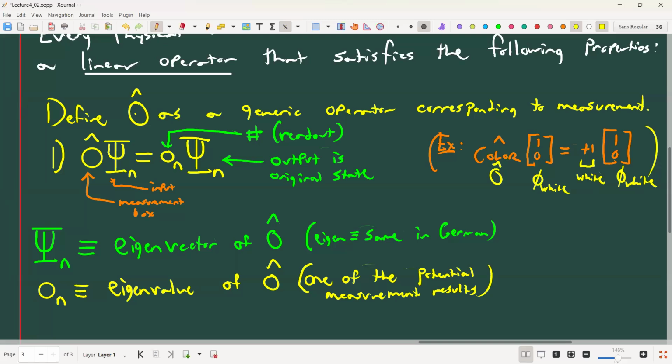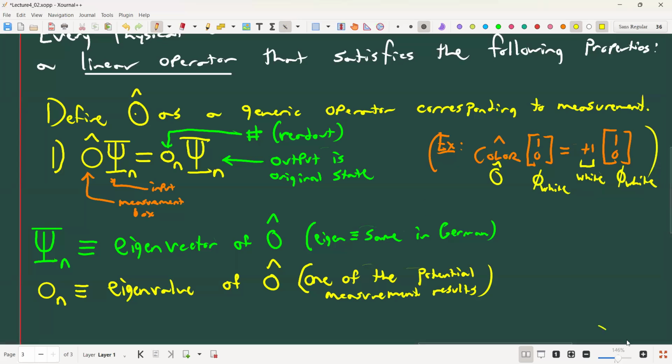So let's go back to that. At the end of last class, I had this table of operators, and I stopped it halfway. So let's go back and continue that and look at it a little more carefully. And we'll do some examples. All right, so some examples of operators.